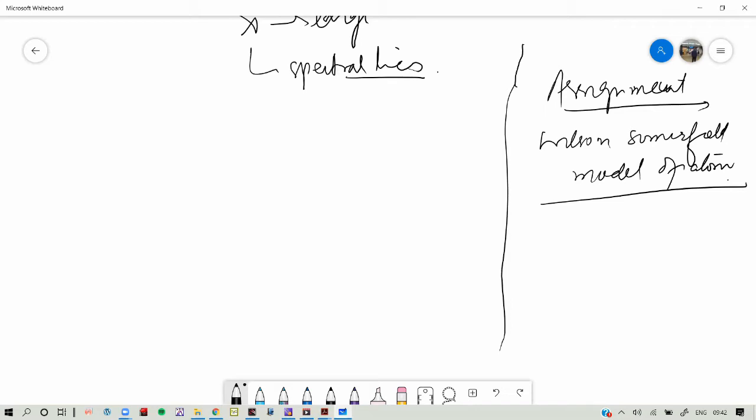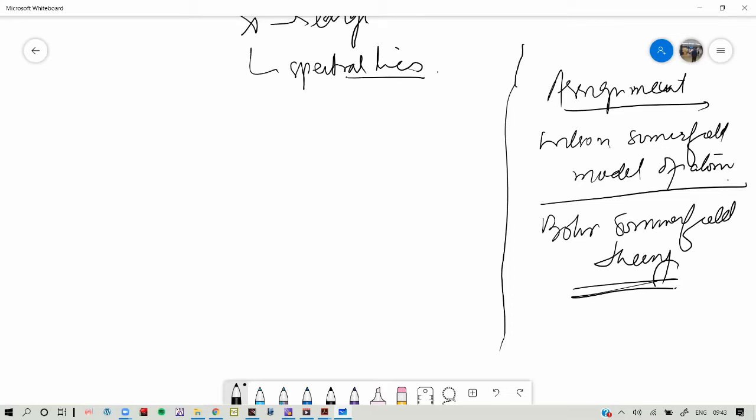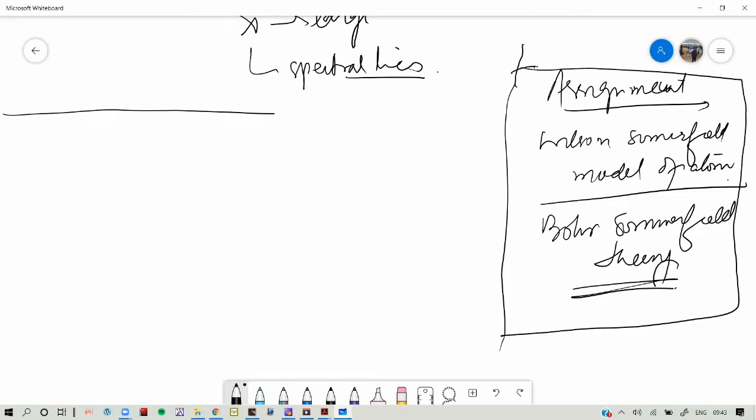It is Wilson-Sommerfeld plus Bohr's theory, so he actually modified Bohr's theory, and it is sometimes called the Bohr-Sommerfeld theory. What are the modifications he has made, and what are the results he obtained? It is for you to study this part. Then we will move to the next topic.